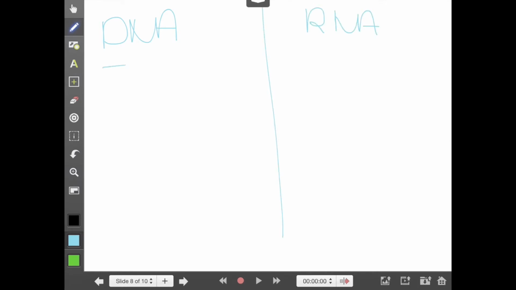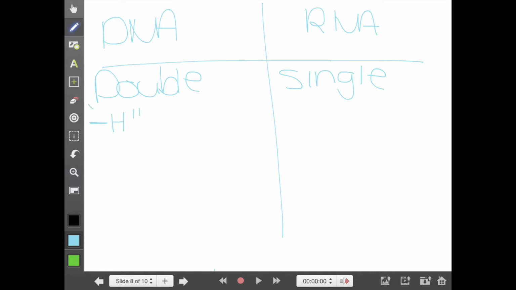We know that DNA is double-stranded, whereas RNA is single-stranded. If we have a look again at that second carbon, we know that the DNA is missing one, so it's only H, and that's why we refer to it as a deoxyribose sugar.